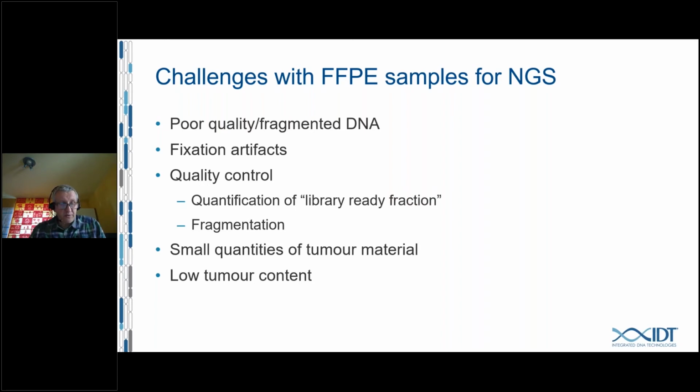Also, quality control can be very complicated because, due to internal damage, not all of the quantified material is fit for library prep. Biopsies can be very small, and the tumor content within those biopsies can also vary quite a bit. So typically such biopsies will contain tumor DNA next to the wild type stromal DNA.